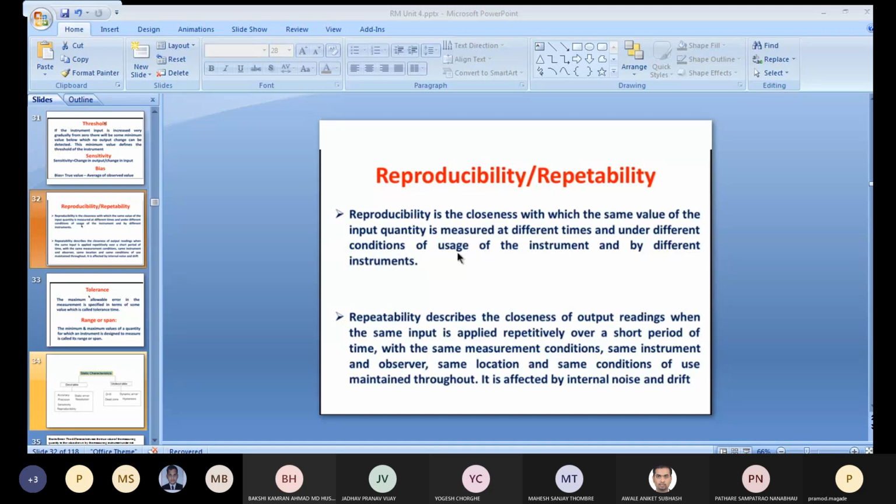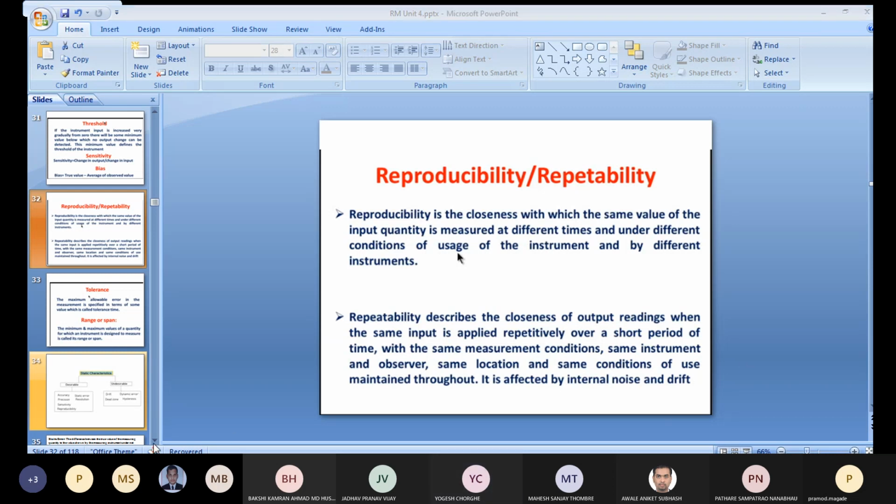Can anybody tell me what is reproducibility with application or with example? Because the name itself indicates what reproducibility is. Anyone?